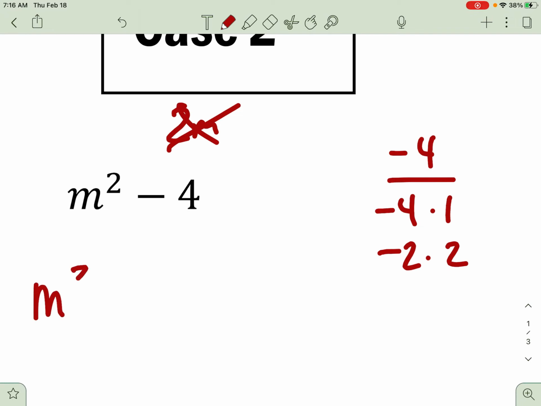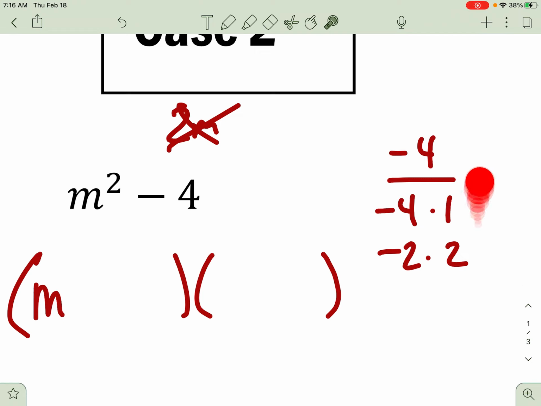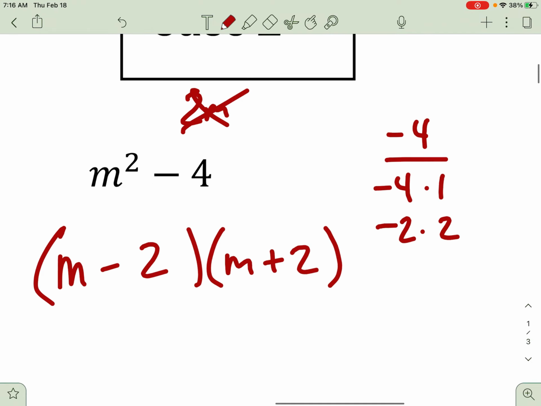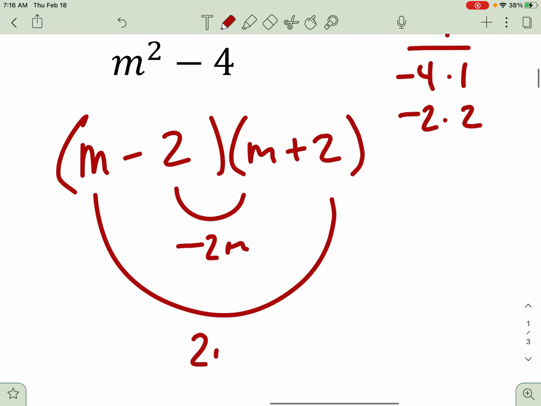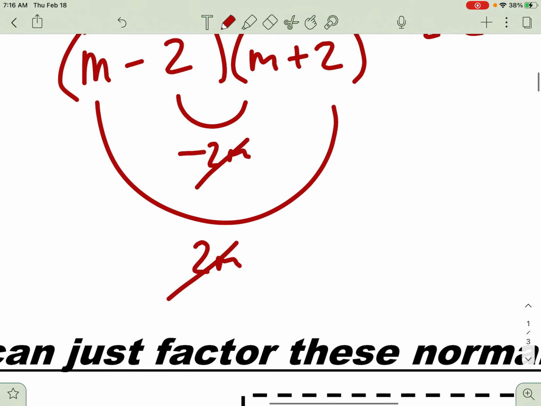So that should tell you that it needs to cancel out. What two factors, if you add them together, would cancel each other out? It would be the 2 and the 2, which again makes sense because 4 is a perfect square. So the negative 2 would be a negative 2m, and the positive 2 would give you a positive 2m, and so those would cancel out.